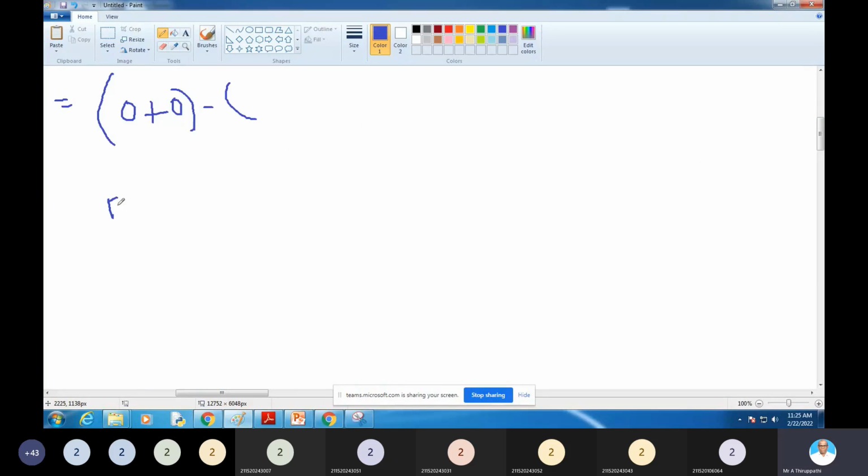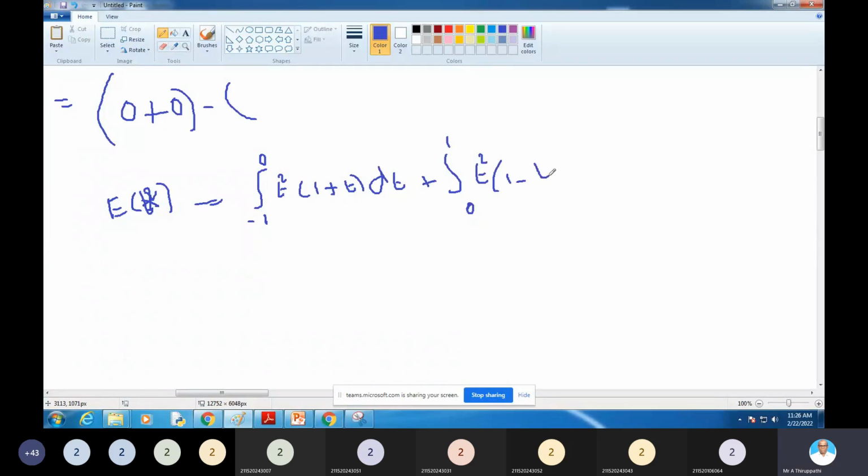So E of x square here is t square only, because the variable is t only: integral over minus 1 to 0 of t square into 1 plus t dt, next plus integral over 0 to 1 of t square into 1 minus t dt.